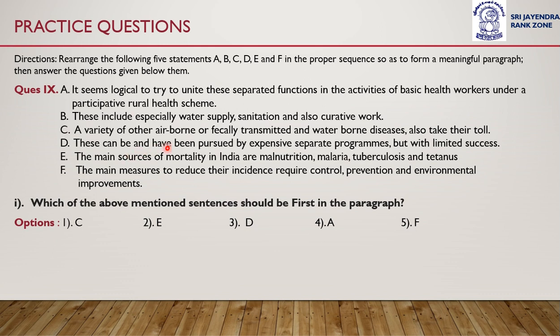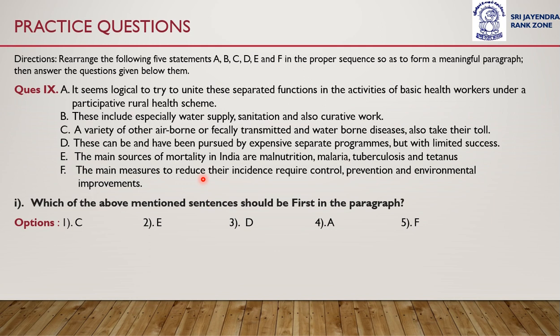These can be and have been pursued by expensive separate programs but with limited success. The main sources of mortality in India are malnutrition, malaria, tuberculosis, and tetanus. The main measures to reduce their incidence require control, prevention, and environmental improvements.